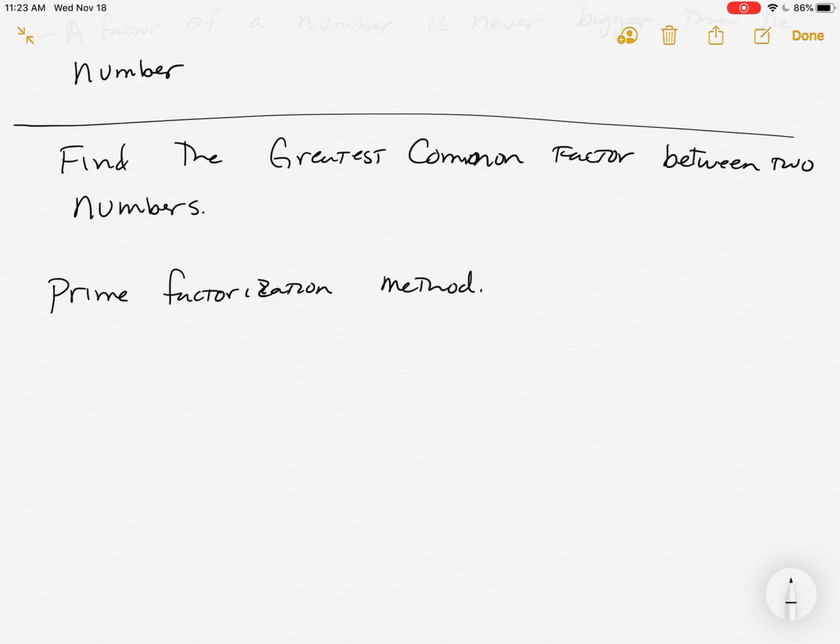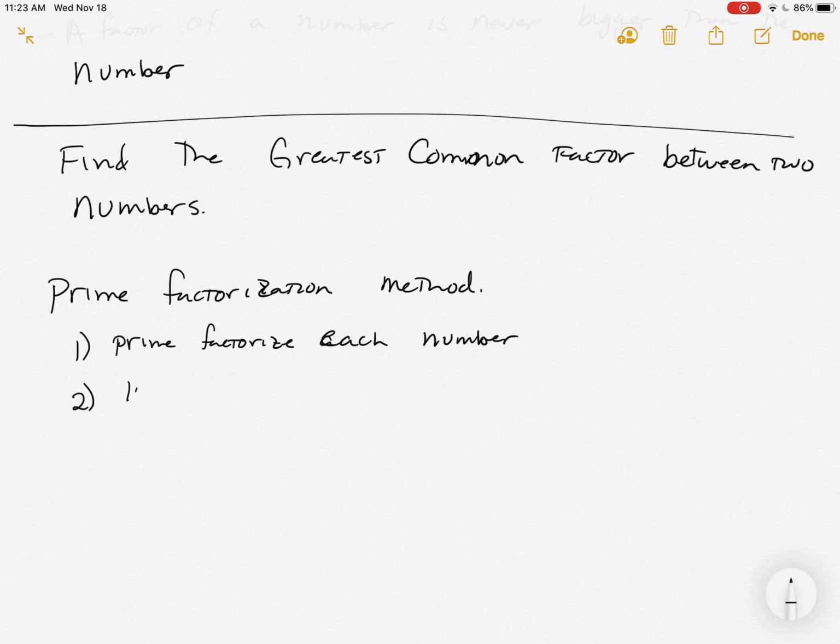The prime factorization method has you do exactly what the title implies first: prime factorize each number.